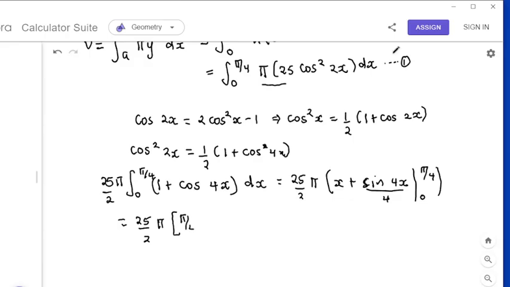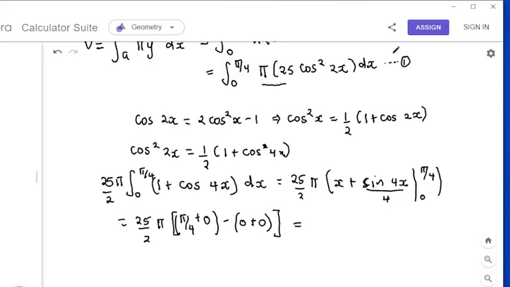pi over 4 will give you pi over 4 minus, okay, we can start with substituting pi over 4 first. If you substitute pi over 4 everywhere, you're going to get 0 minus, if I substitute 0 here, I'll get a 0, and if I substitute a 0 into the sine function, I'll still get a 0.